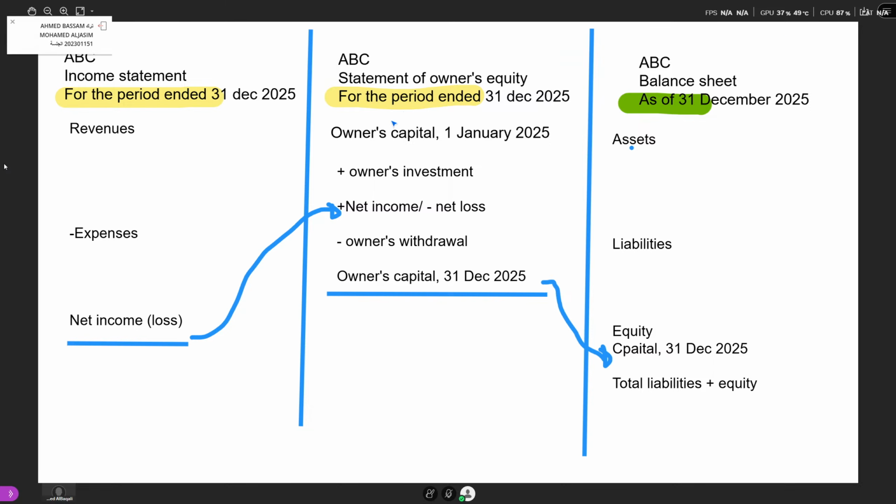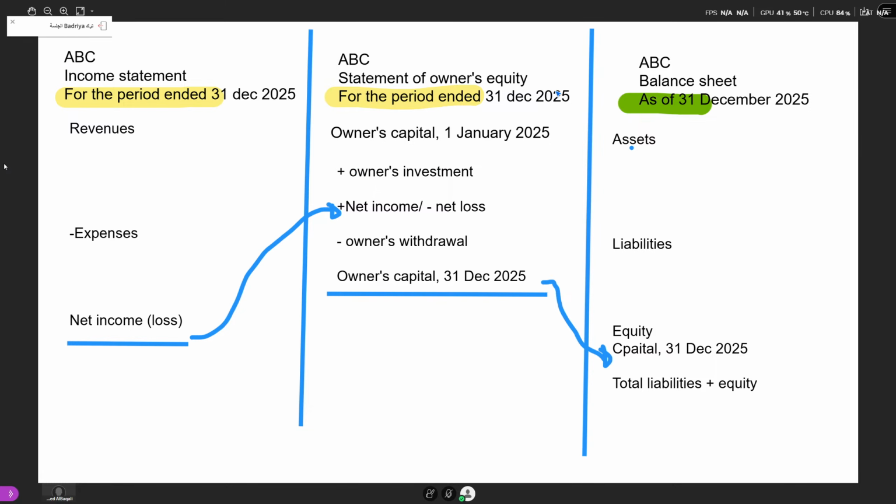Same for the statement of owner's equity. Statement of owner's equity shows you the capital at the beginning of the period, but mainly we incorporate the things that happened within the year that led your capital to change. Because the purpose of the statement itself is to show how the capital has changed over the period. So everything that happened during the year that contributed to the change in the capital: owner investment, any investment that the owner made in which time?